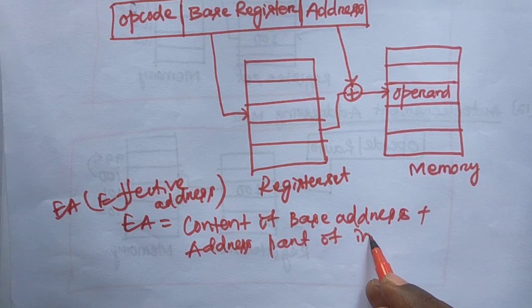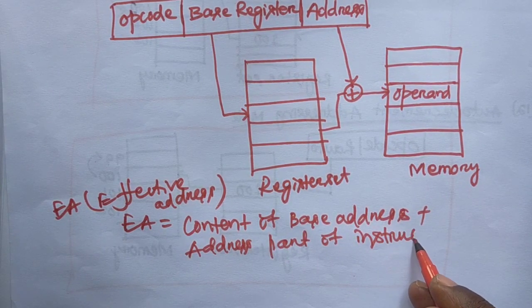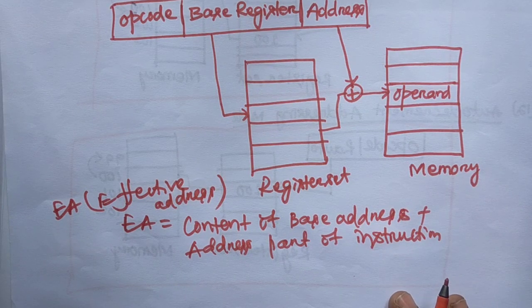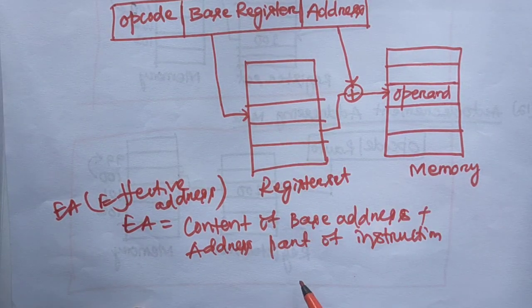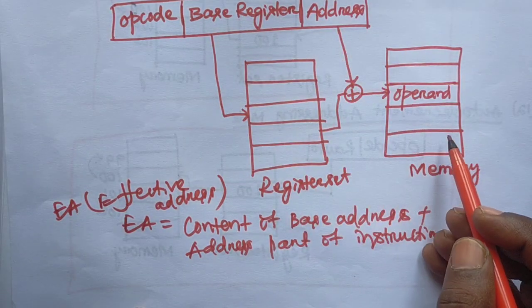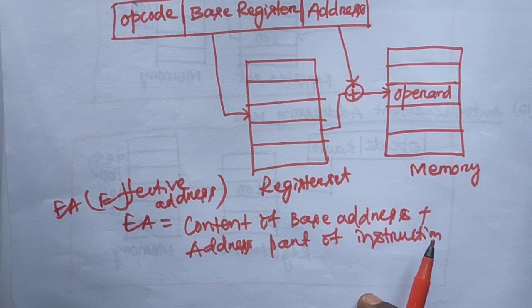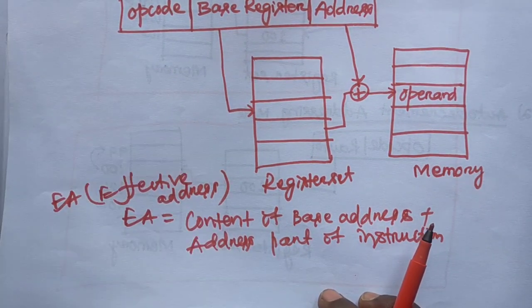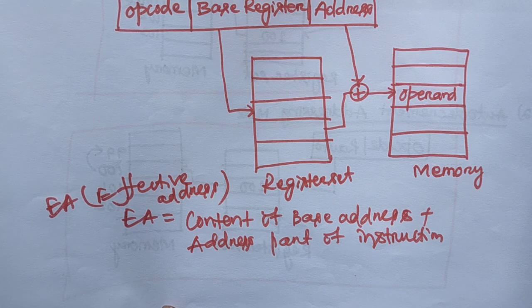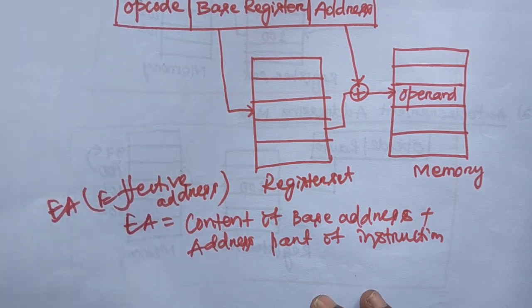In this way the address is defined. One is the content of the base register, and the other is the address part of the instruction defined in memory. Both combine to make the base register addressing mode. So this is the basic concept of how to define the effective address for base register addressing.